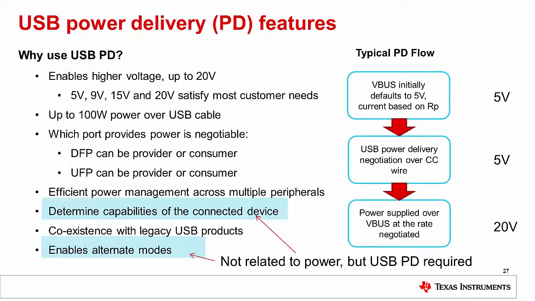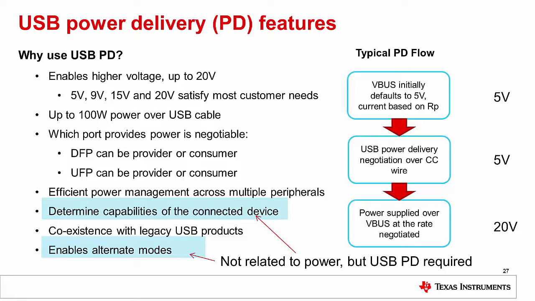So what are the other features in USB power delivery? We know that it enables higher voltage and higher power, but it also does other things. First, it can allow the port to negotiate which side is the downward facing port and which side is the upward facing port. So you can now have an upward facing port which is providing power, which creates some new use cases.